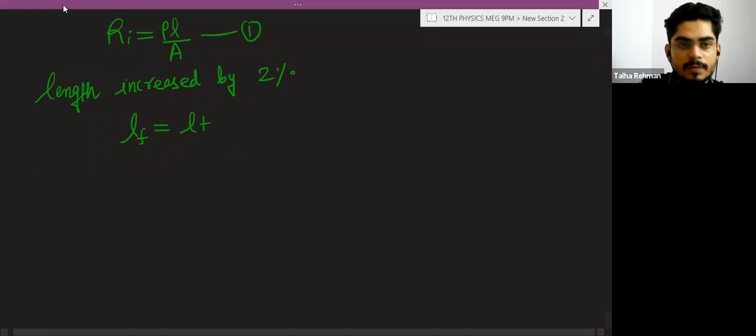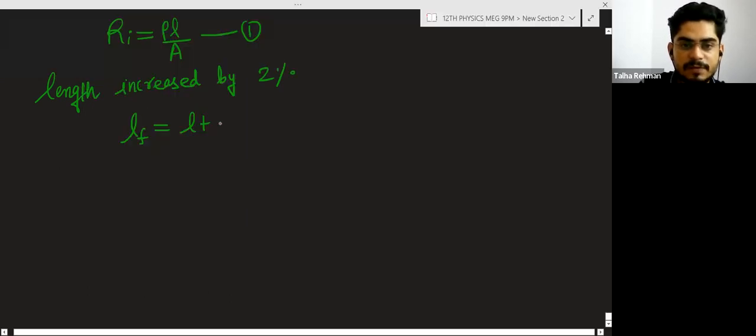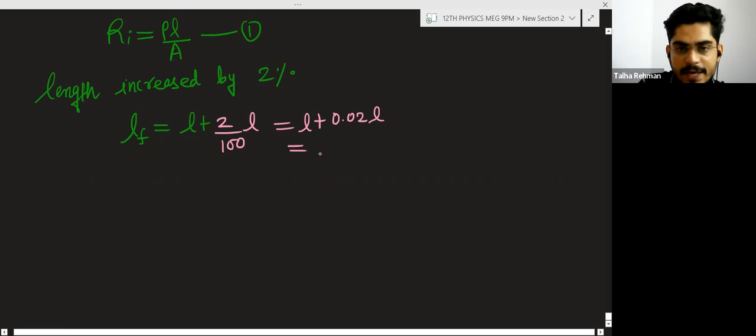This is the change in the length. L will become L plus 0.02 times L. When you take L common, this will become 1 plus 0.02, that is 1.02 L. So final length is this.